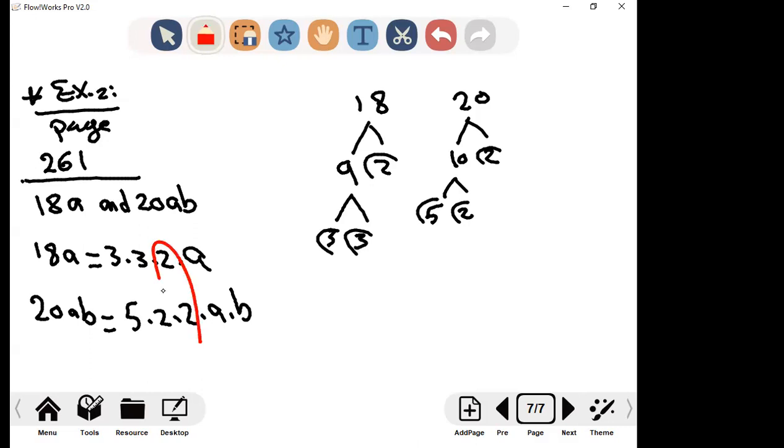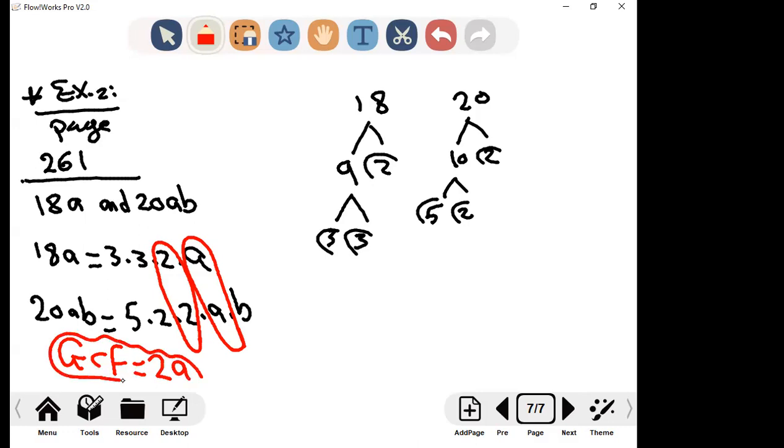The 2, right? And also the a. Do you have others? 3 or 5 or b? No. So here the GCF will be 2a. Do we need this 3? No. We took what we need. Today no, tomorrow God willing.